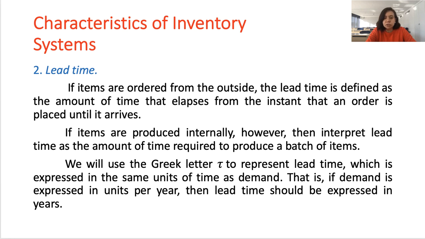And for the lead time, we will use the Greek letter tau. And it should be expressed in the same units of time as demand. I mean, if demand is expressed in units per year, then lead time should be expressed in years also.